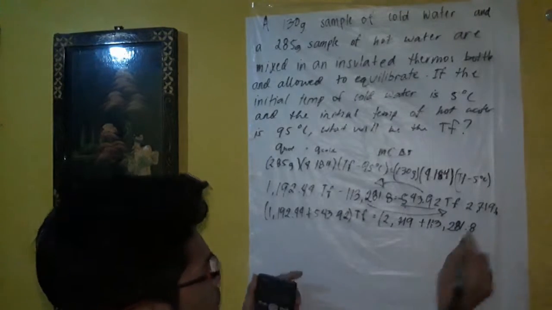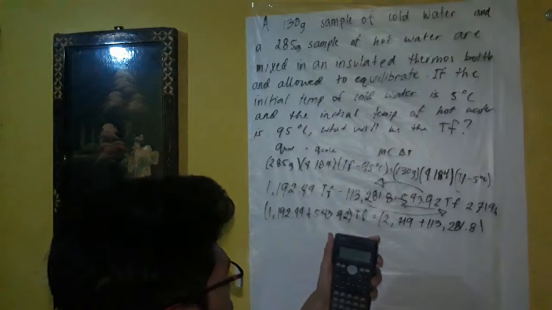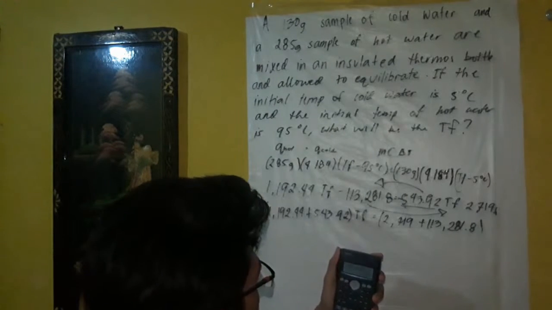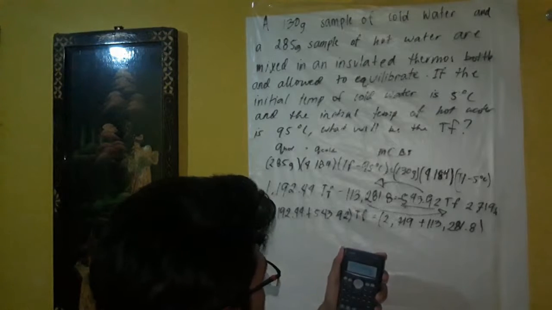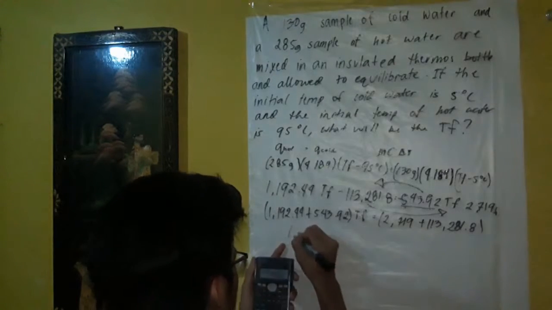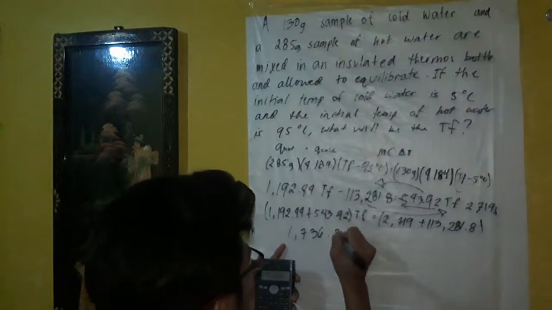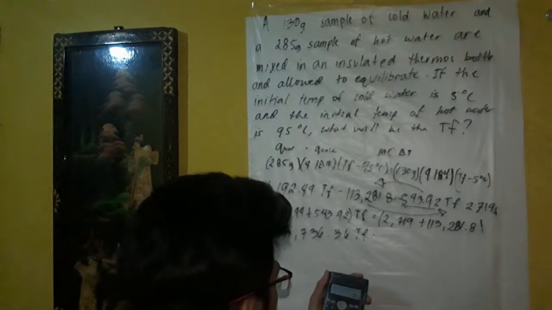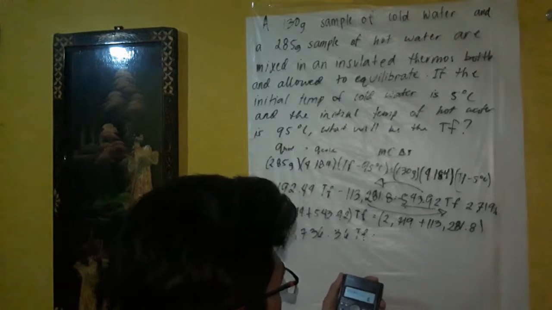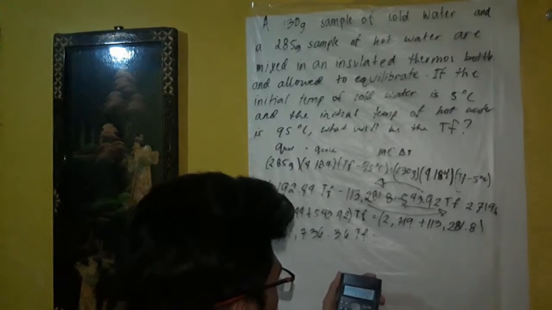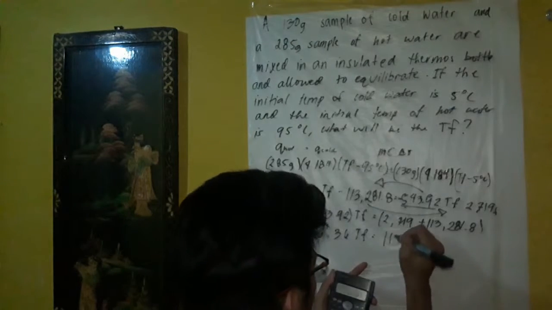So that's it. We will now add these two. 1,192.44 plus 543.92 is equal to 1,736.36 TF, equal to, we should add this, 2,719.6 plus 113,281.8.